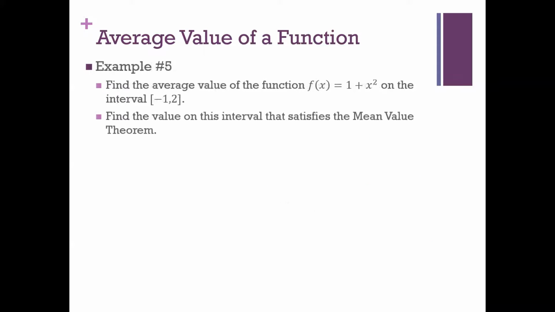All right. So I want to find the average value of this function, 1 plus x squared, on this interval, -1 to 2. So this is our first one. Let's draw a picture to illustrate what this looks like. 1 plus x squared.